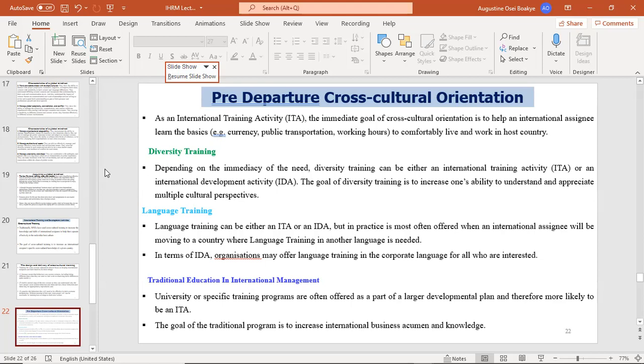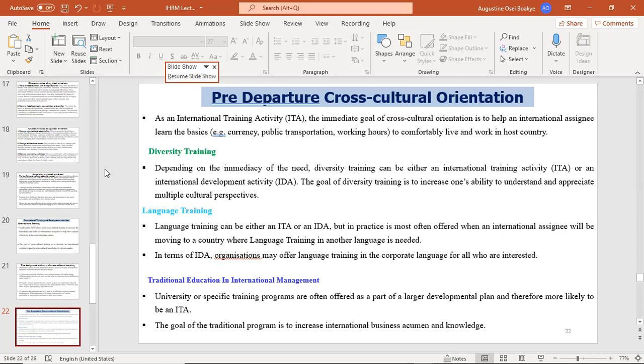That is, what currency will I be using to transact at during my international assignments? How is the public transport system at the host country? What is the nature of working hours?